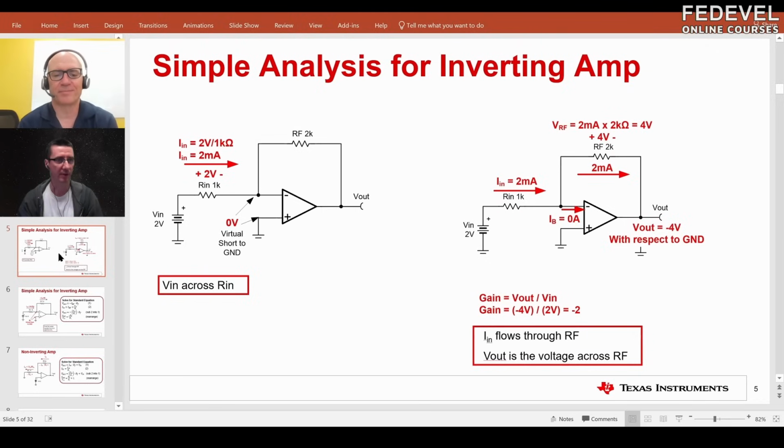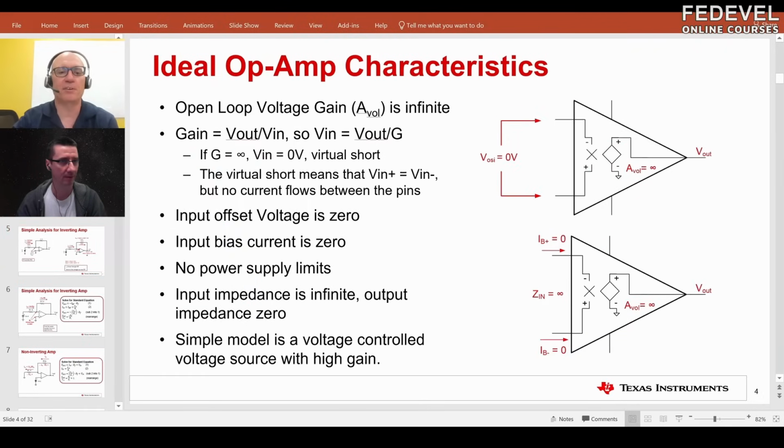Okay, so first, how does it work, and what are the basic circuits we can use with op amps? When you're talking about op amps, usually you want to start with the ideal amplifier, and that's what I'm showing here on this slide.